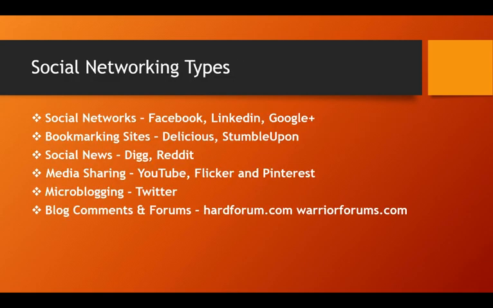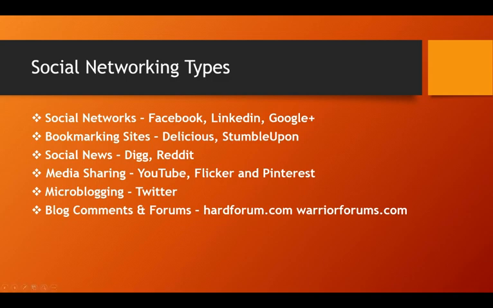Social networking types. What types of websites are there out there? Well, first and foremost, the one everybody is familiar with, now at least, the social network. This is Facebook, LinkedIn, and Google. And there's a few others out there, but essentially a social network is a combination.